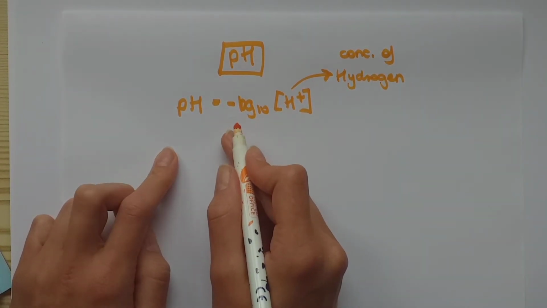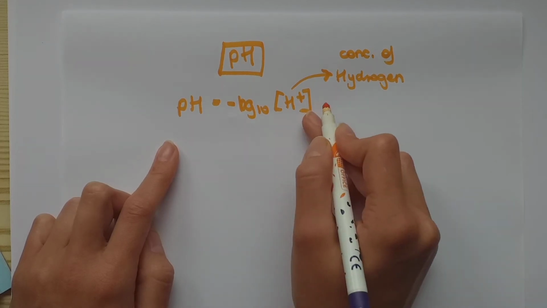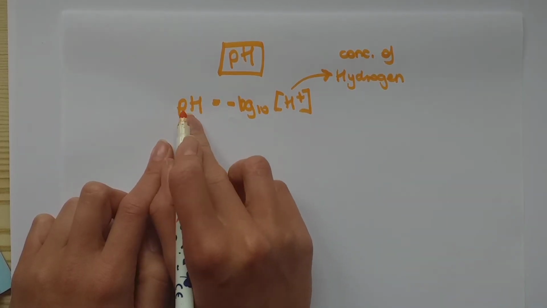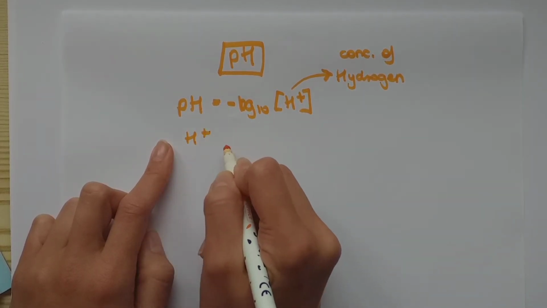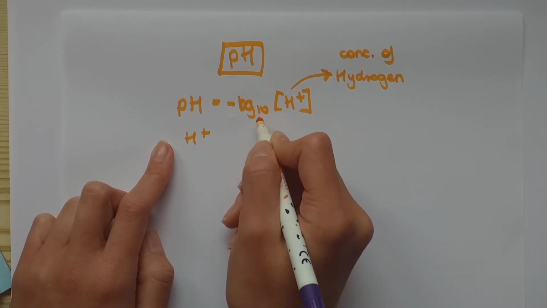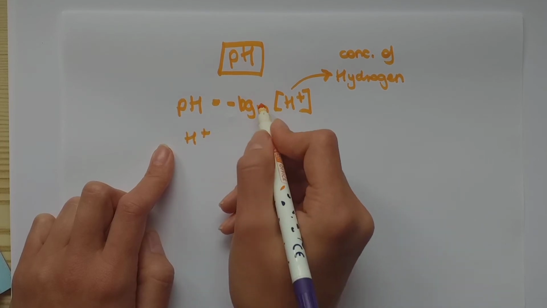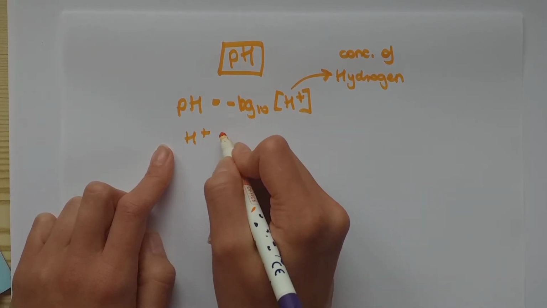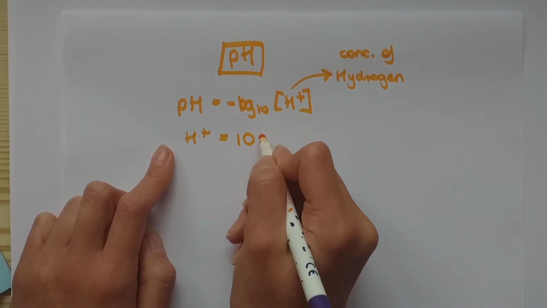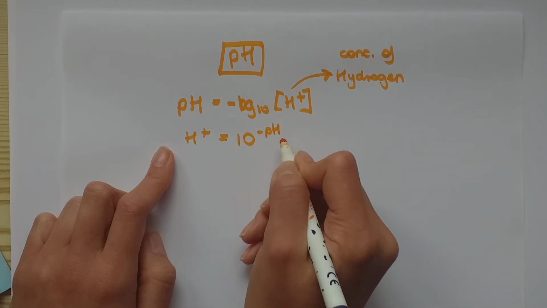This equation can also be rearranged to find a concentration if you know the pH. So in order to move the log to the other side, you need to do 10 to the minus pH.